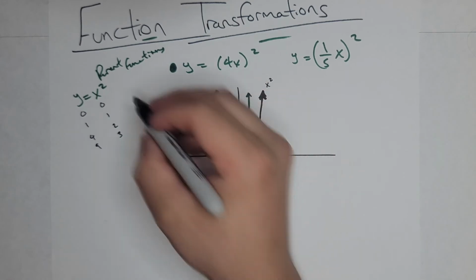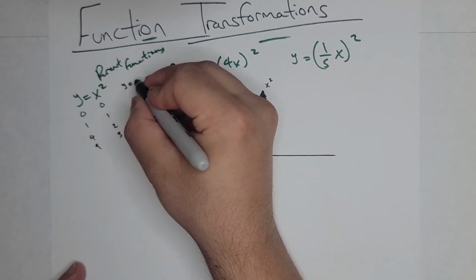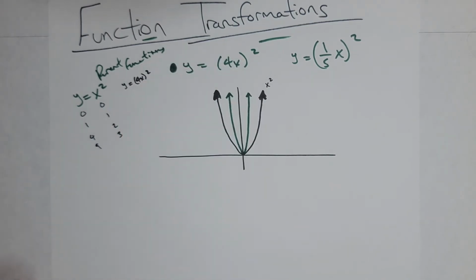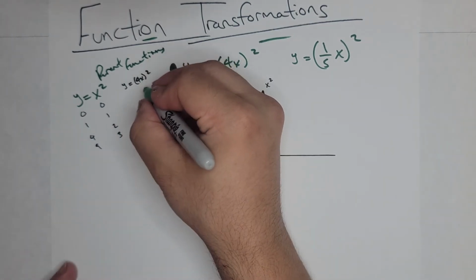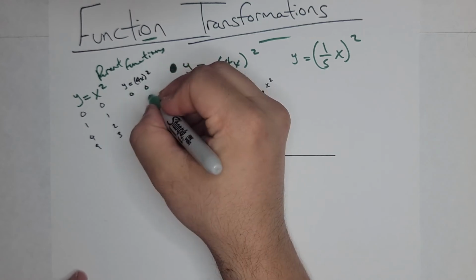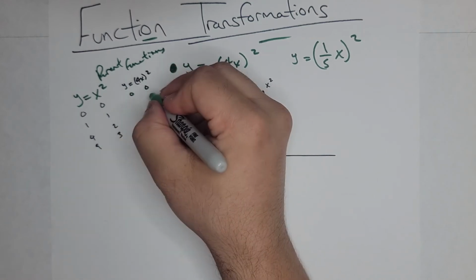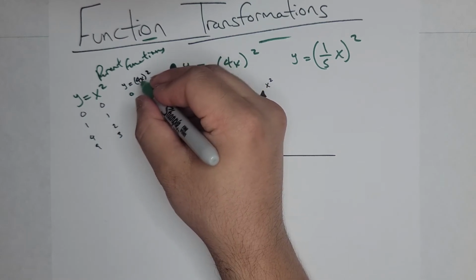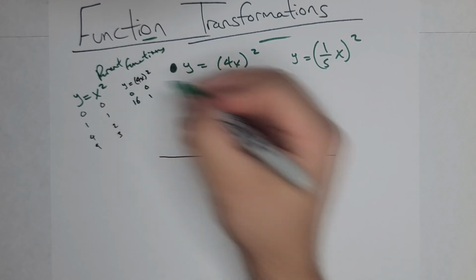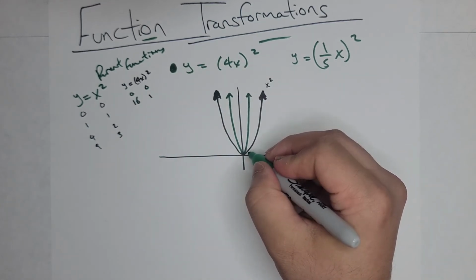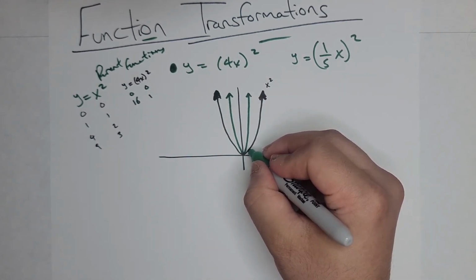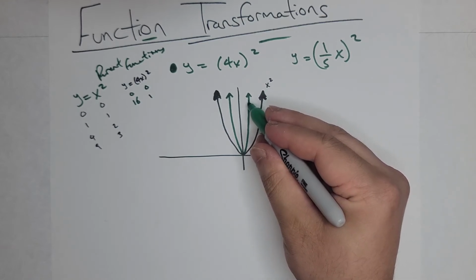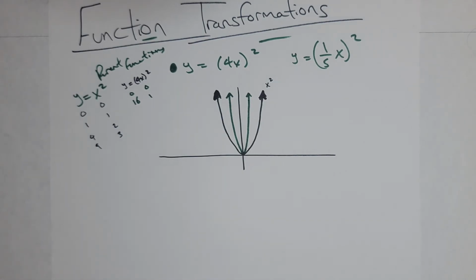However, for y equals 4x squared, for the same x value at 0, it's 0, but when x is 1, we have 1 times 4, and 4 squared is 16. That's why at 1, instead of 1 for x squared, we have 16 all the way up here. That's why it becomes more narrow.